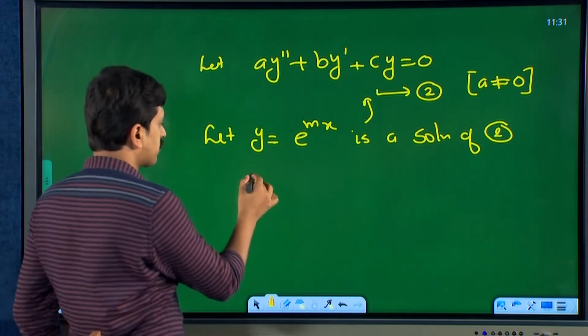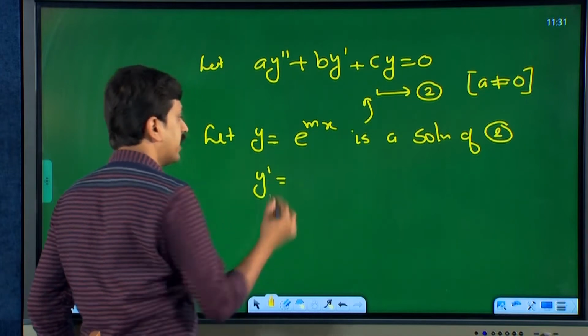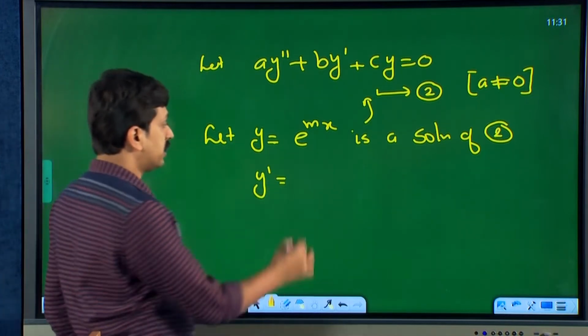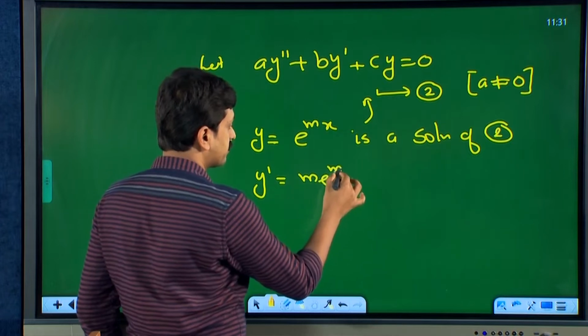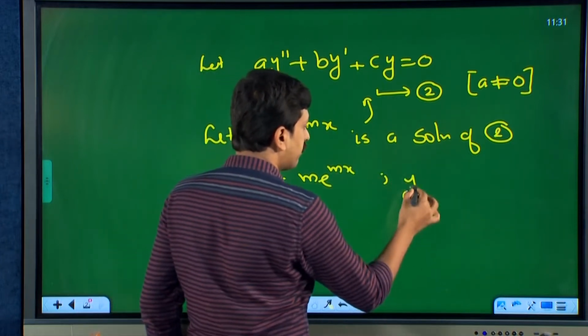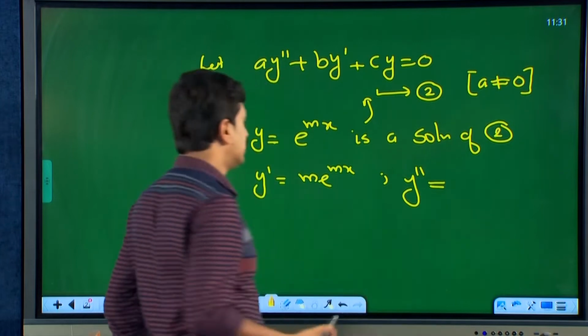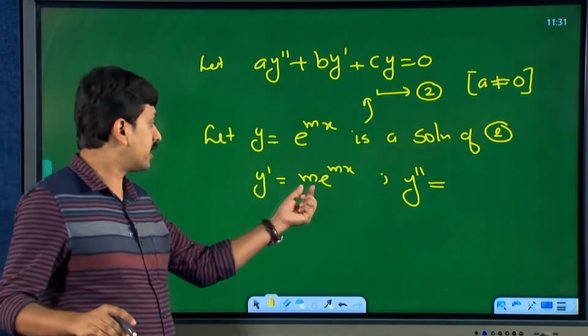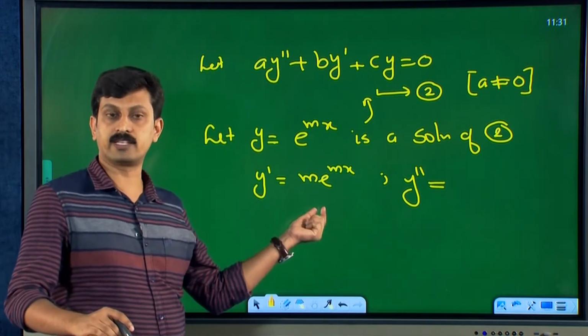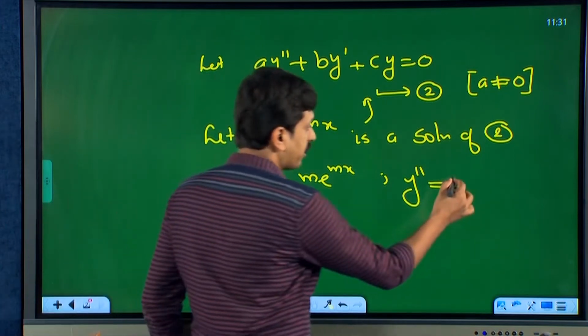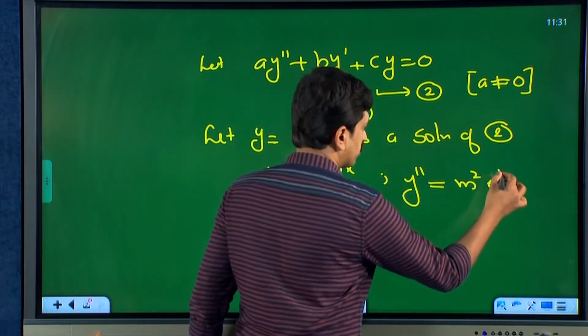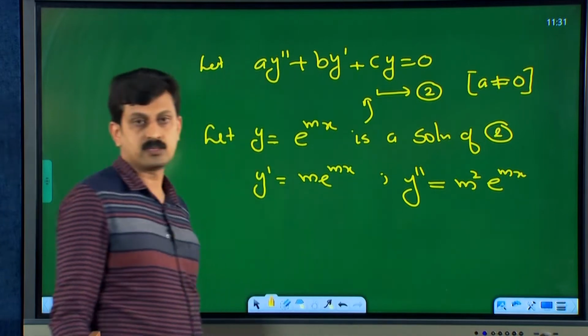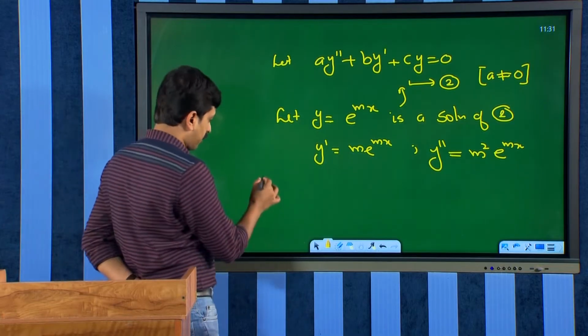Then y dash is m e raised to mx, and differentiating y dash again with respect to x, y double dash is m square e raised to mx.